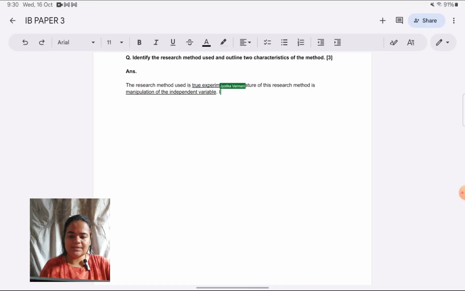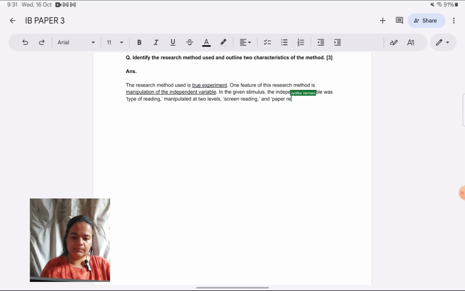So in the given stimulus, the independent variable was type of reading, manipulated at two levels: screen reading and paper reading. So this is how we contextualize.